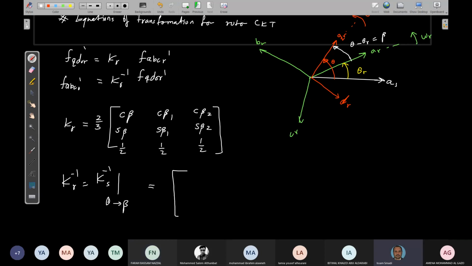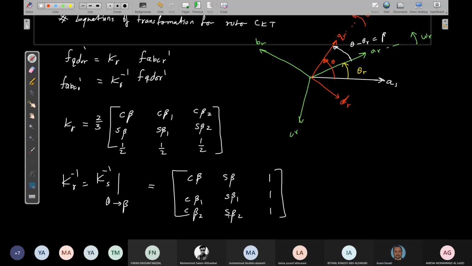So this will equal cosine beta, sine beta, 1, cosine beta 1, sine beta 1, 1, and cosine beta 2, sine beta 2, 1.